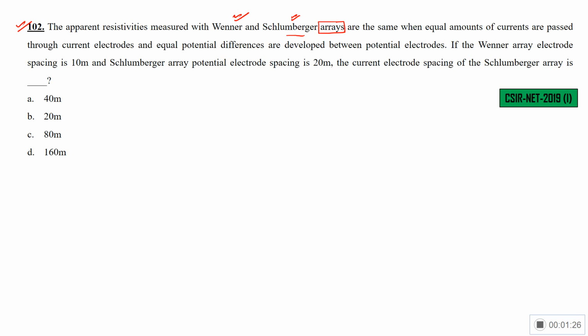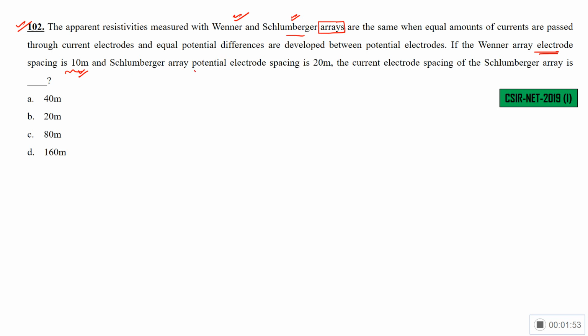Now the question is: the Wenner array electrode spacing is 10 meter. In the Wenner configuration the electrode spacing is the same between the potential and current electrodes, 10 meter, 10 meter, 10 meter. And in the Schlumberger array the potential electrode spacing is 20 meter.